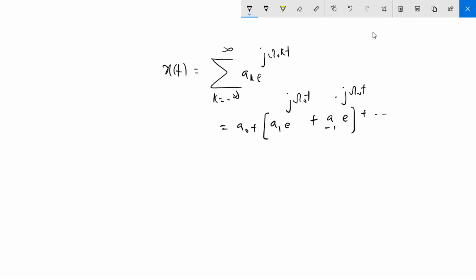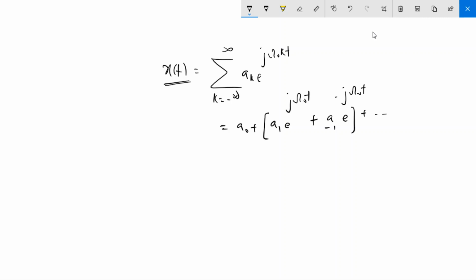If a of 1 is equal to minus of a of minus 1, if they have odd symmetry, in that case you are getting a minus sign in between; again you divide with 2j, multiply with 2j, and you get a sine function. Okay, so that is the trigonometric Fourier series. It means if the signal is periodic in nature, in frequency analysis you can write the signal in terms of sines and cosines only.